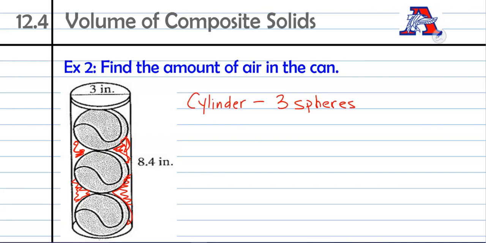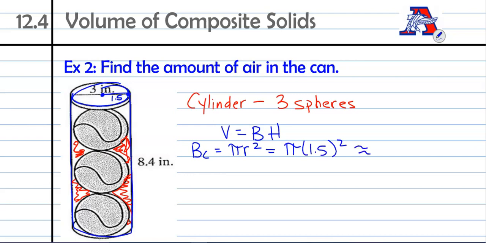I'm going to start by doing the cylinder in blue. The volume of a cylinder is just base times height. The base is a circle, so pi r squared. In our case, half of 3 is our radius, so 1.5. So pi times 1.5 squared, and I'm going to use my own calculator here to speed this up, is approximately 7.07.